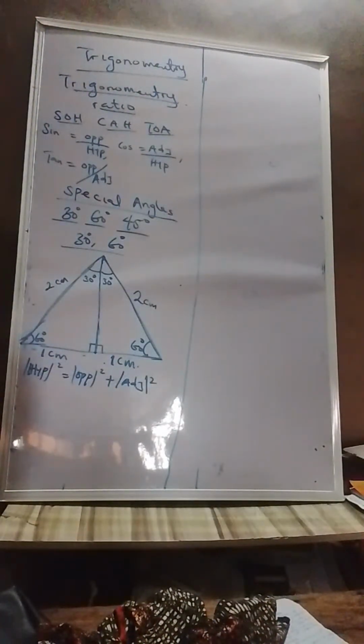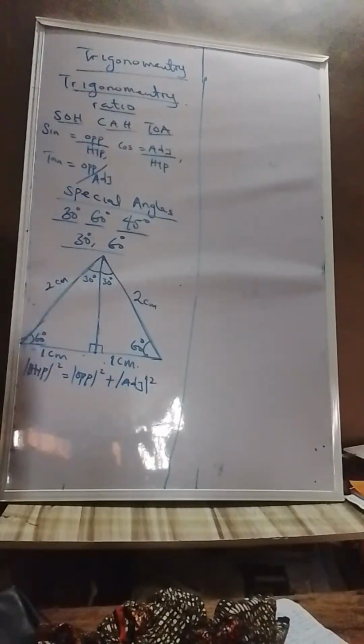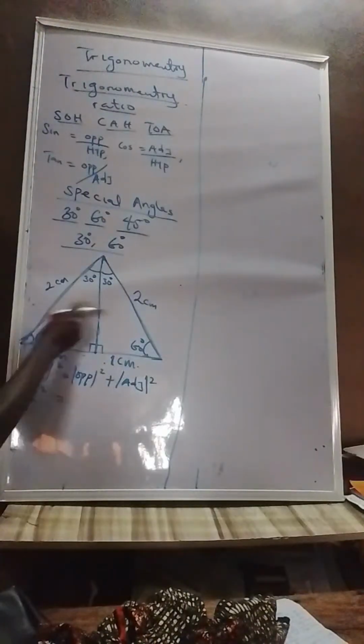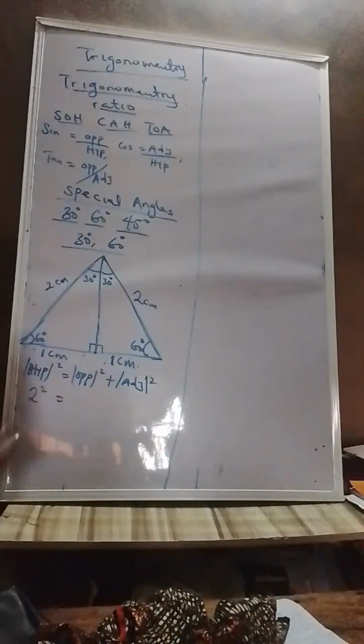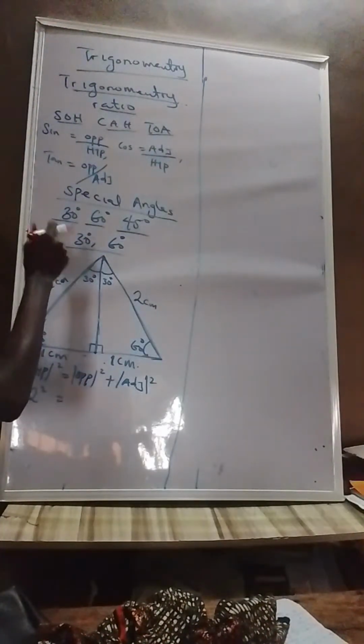In this case, the hypotenuse, the longest line, is 2 centimeters. So this is 2 squared. You can take this one to be opposite. You can take this one to be opposite. It's just that one will not have value.